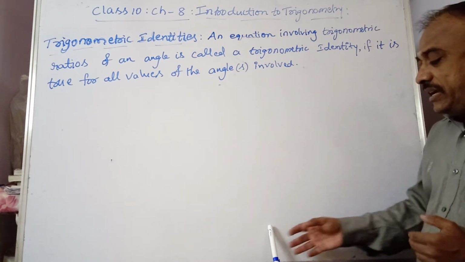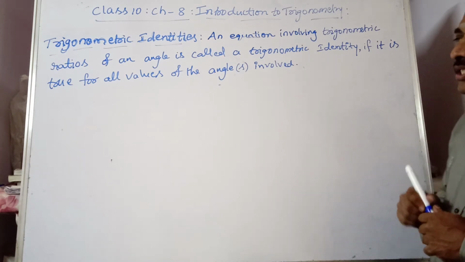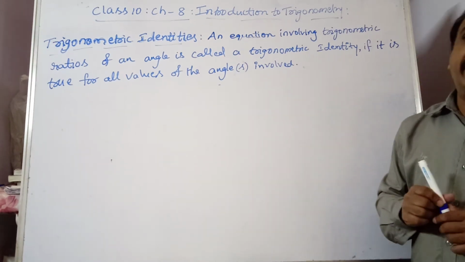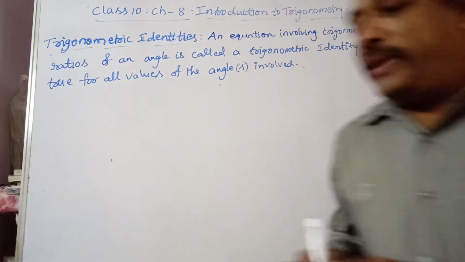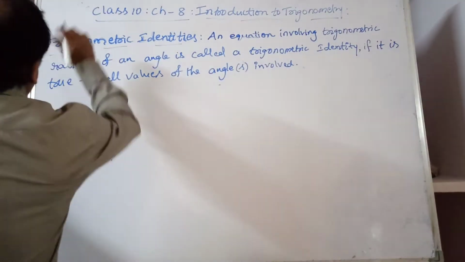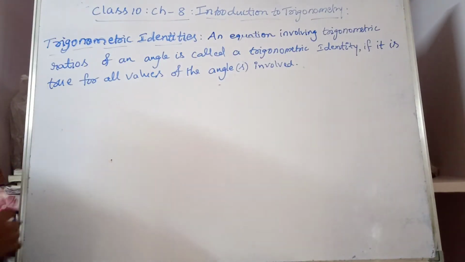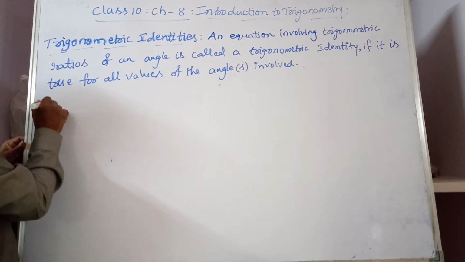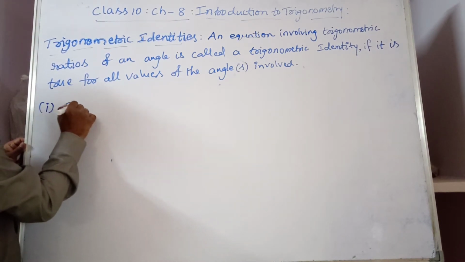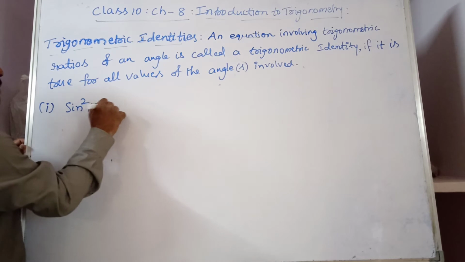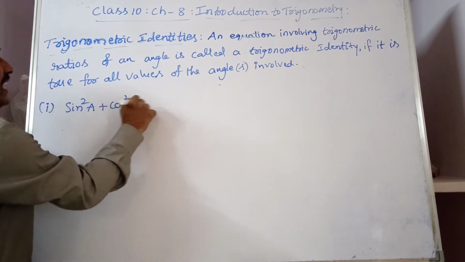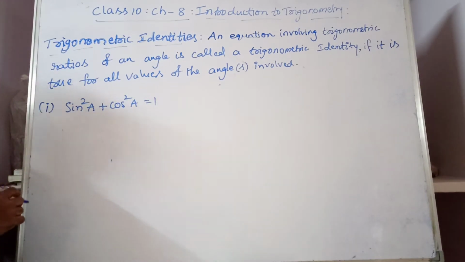First of all, it is an equation. Let us see what those trigonometric identities are. Mainly we have three trigonometric identities. The first one is sin square A plus cos square A is equal to 1.